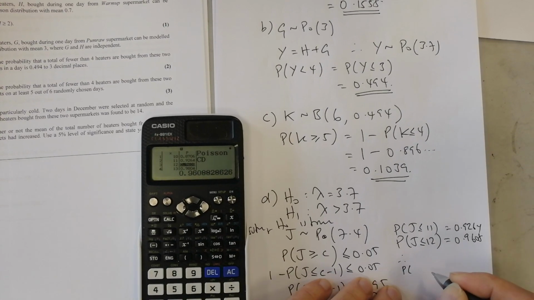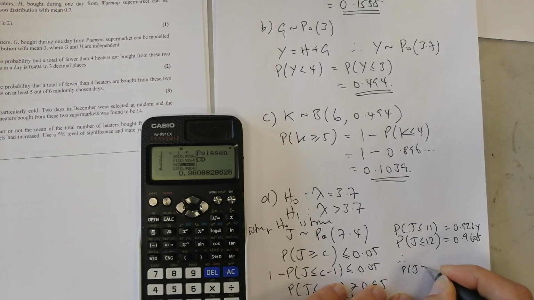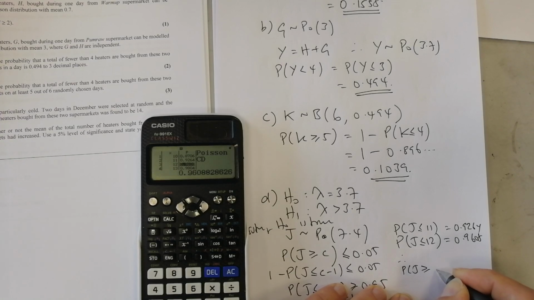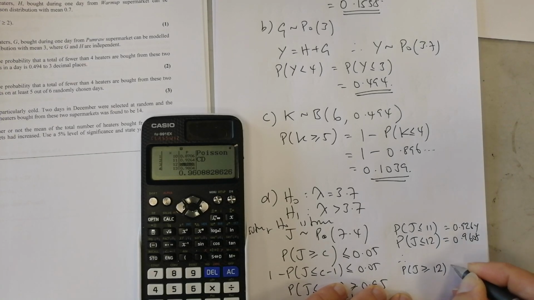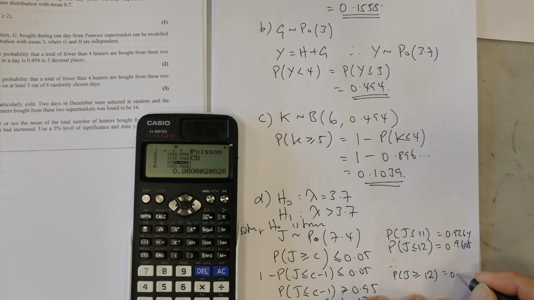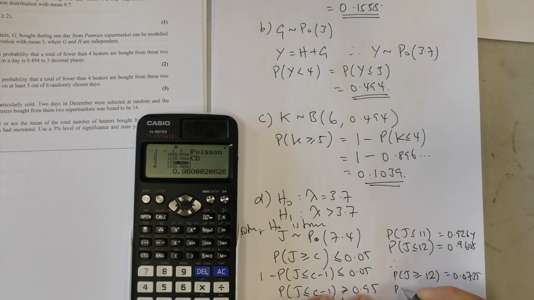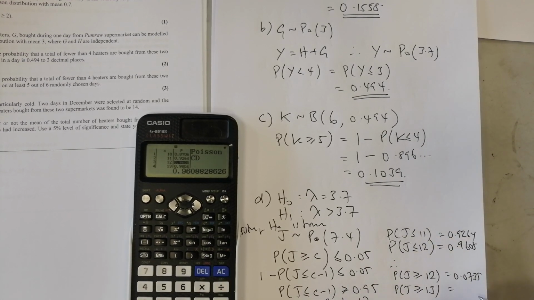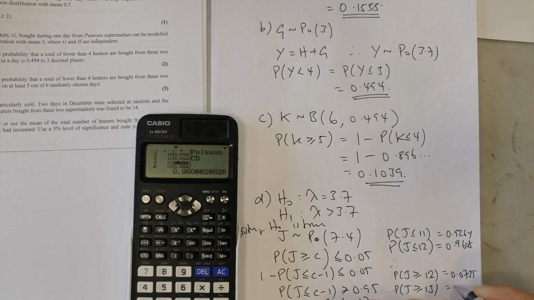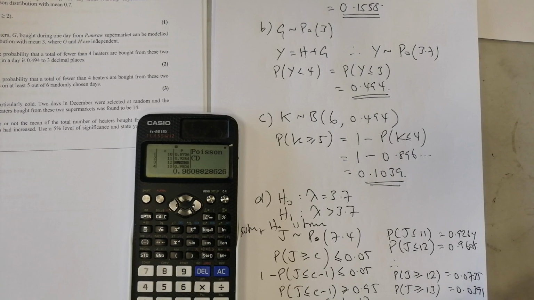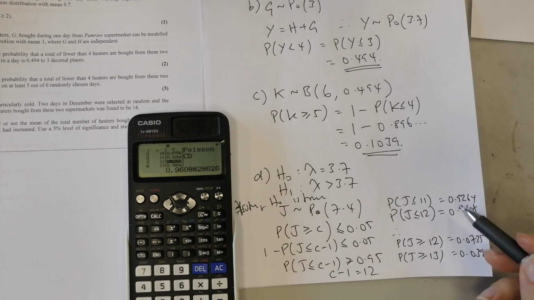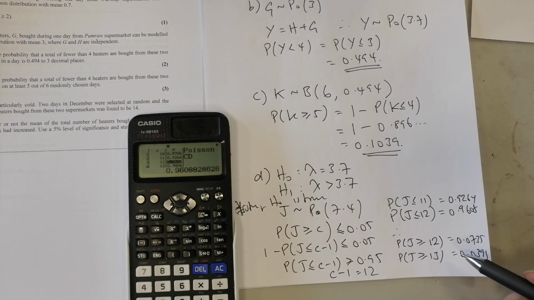So therefore the probability that J is bigger than or equal to 12 is 0.0735, and the probability that J is bigger than or equal to 13 is 0.0391. These probabilities need to be there to get the marks, basically.